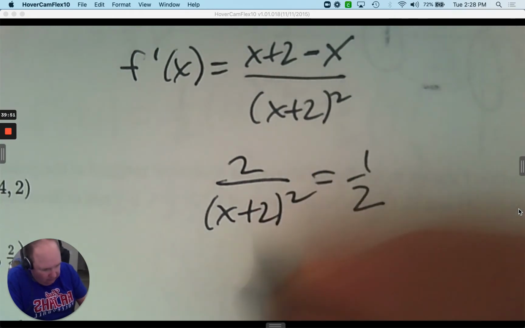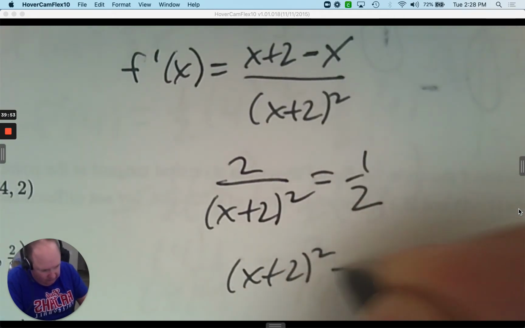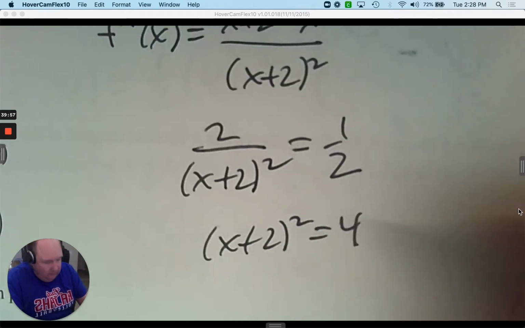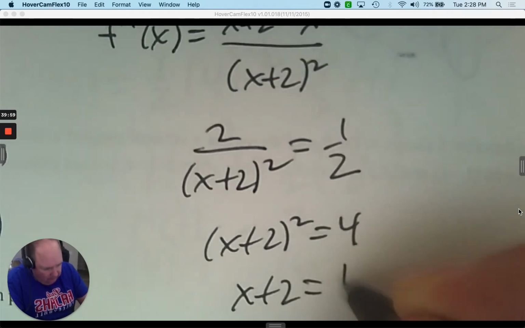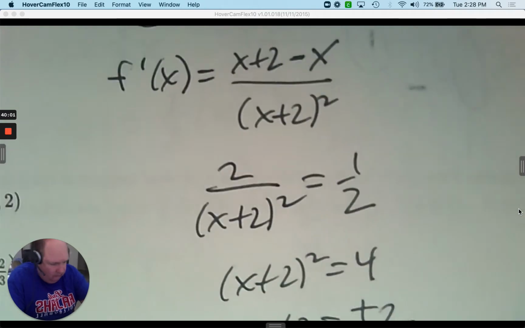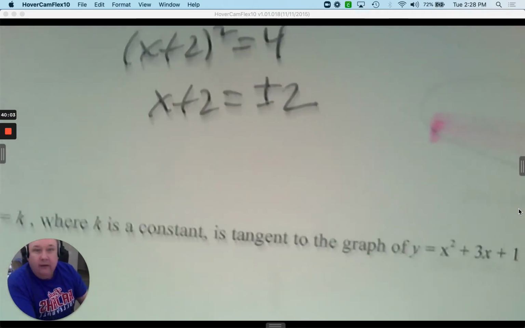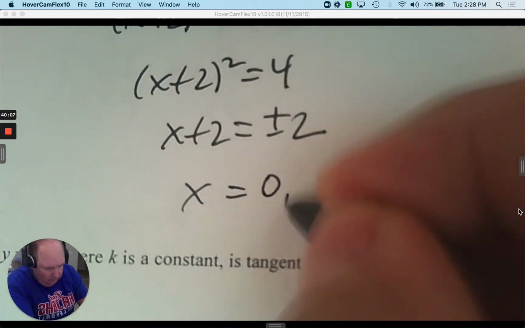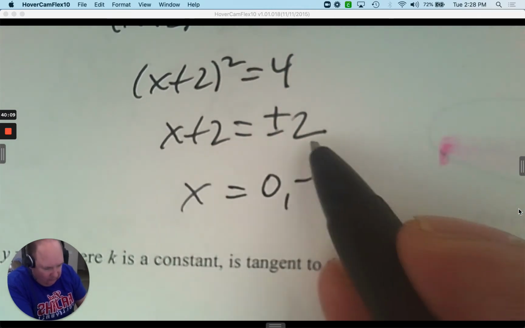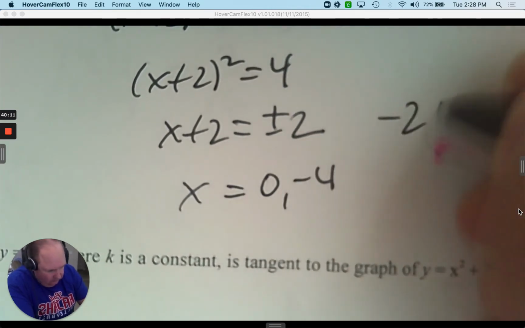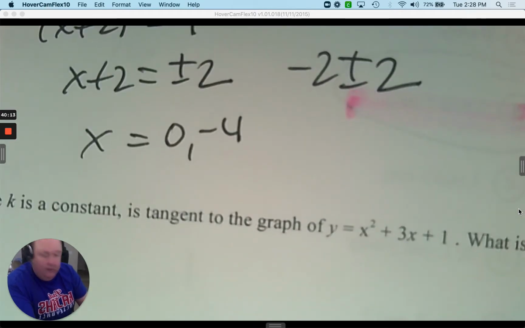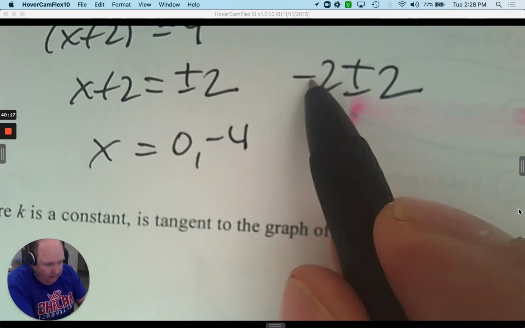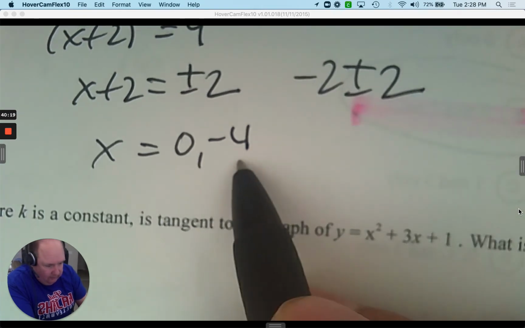So we're going to cross multiply: x plus 2 squared times 1, 2 times 2. When you take the square root, the answer could be positive or -2. And then when you solve for x, you're going to subtract 2. So negative 2 plus 2 is 0, and negative 2 minus 2 is negative 4.